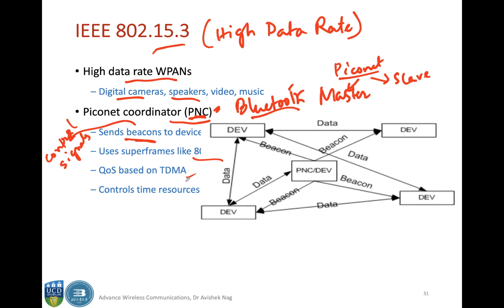Okay, so this is a picture that will explain what is happening. So you have multiple devices as a part of this 802.15.3 technology, and then you have the piconet coordinator, which can also function as a device, by the way, and then it sends beacons to all these devices to get connected, and then the devices exchange data between themselves.